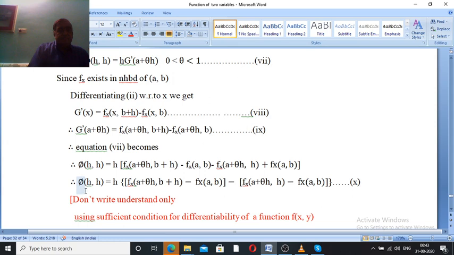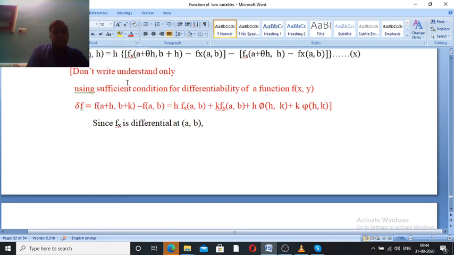Therefore, phi(h, h) is equal to h times the bracket fx(a+theta h, b+h) minus fx(a, b), taking outside the bracket the negative sign, minus the bracket fx(a+theta h, b) minus fx(a, b). Suppose this is equation 10.